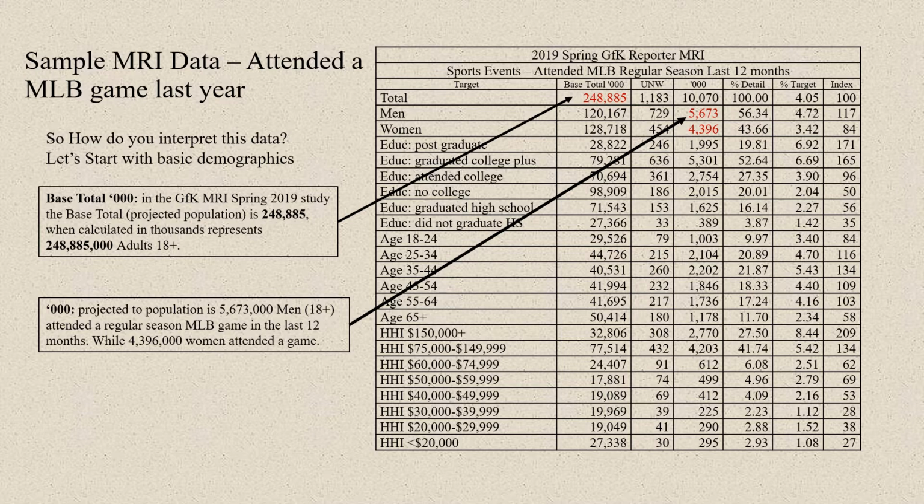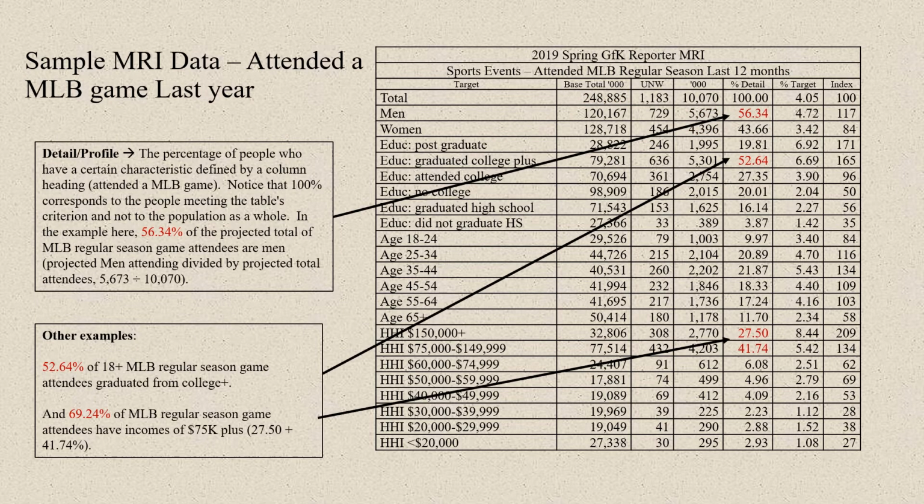Of those people, 5,673,000 of them were men and 4,396,000 were women. So that category that has the 3 zeros at the top of it gives you the projected number of people who have done the activity referenced at the top of the page.